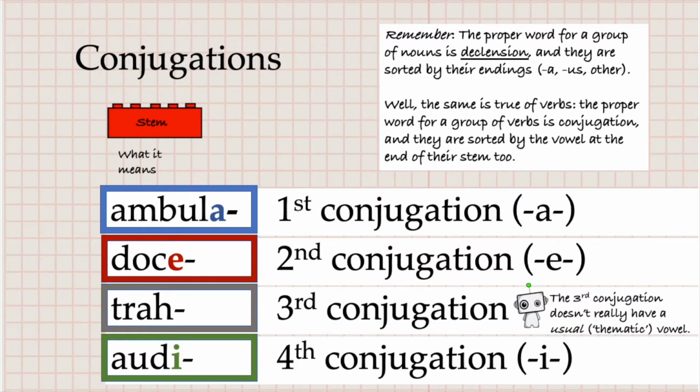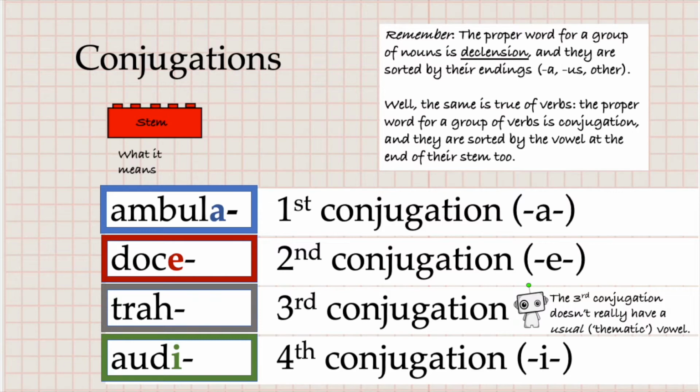So, first of all, we need to think about this. If you remember, the proper word for a group of nouns is declension, and they're sorted by their endings. So the first declension for all the nouns ending in "a", the second declension for all the nouns ending in "us", the third declension for basically all the other nouns that are out there. Well, conjugations are basically declensions for verbs. So the first conjugation are verbs whose stem ends in a long "a".